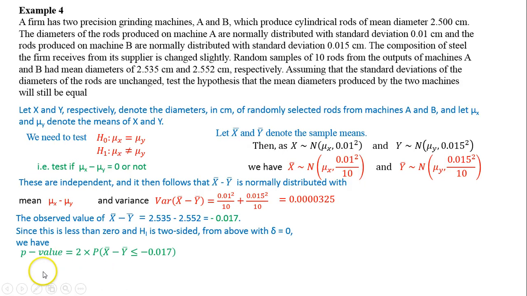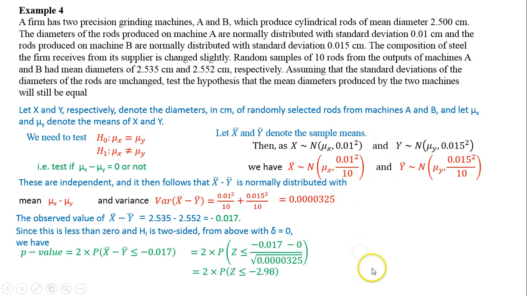So we have our p-value is twice, as it was two-sided, the probability of the difference in means being at our observed value. Is that far enough away? So change that into z. I've got minus 0.017 minus the 0 divided by the square root of the variance, and I get z less than or equal to minus 2.98, giving me a probability of 0.00144, double that, and I get 0.00288.